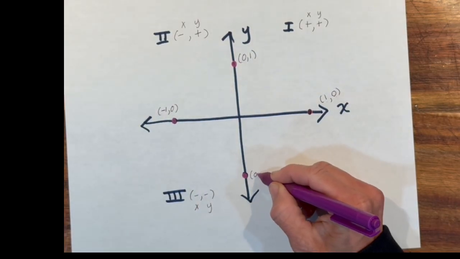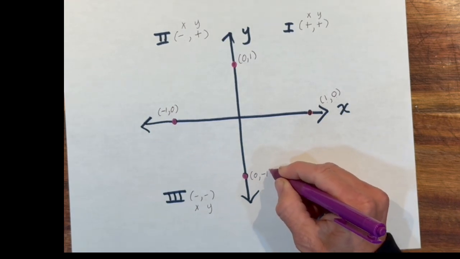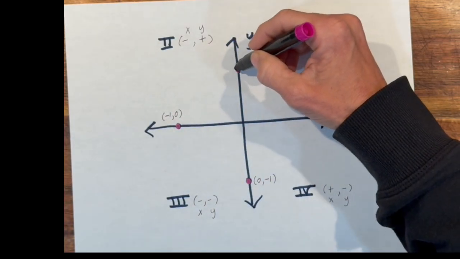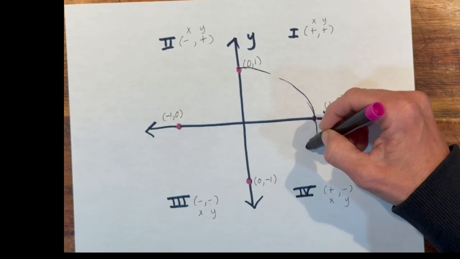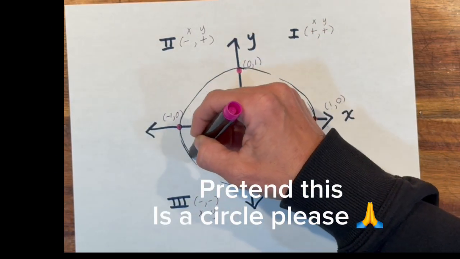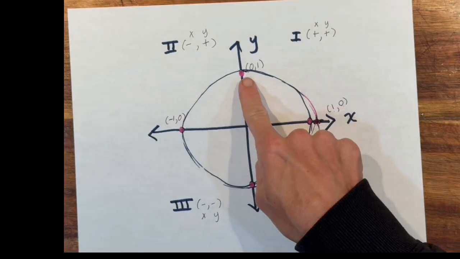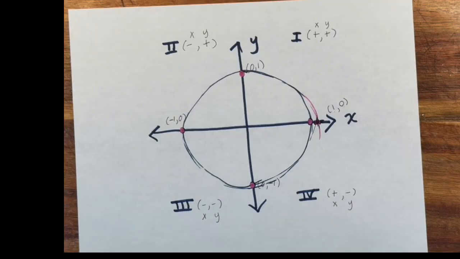Same 0 for x, but this time -1 for y. We're showing here that the radius is always 1, which is why this is going to be the beginning of what we're going to call the unit circle.